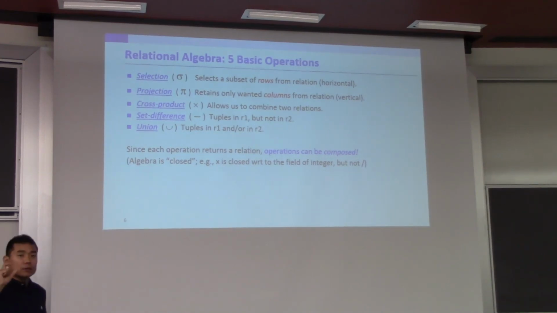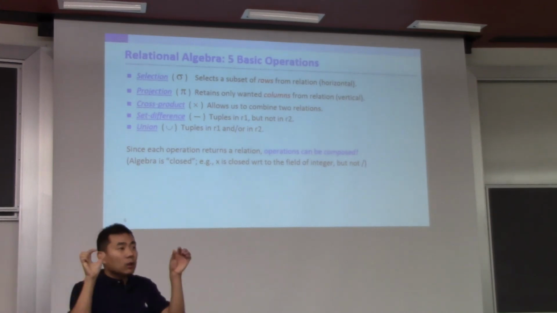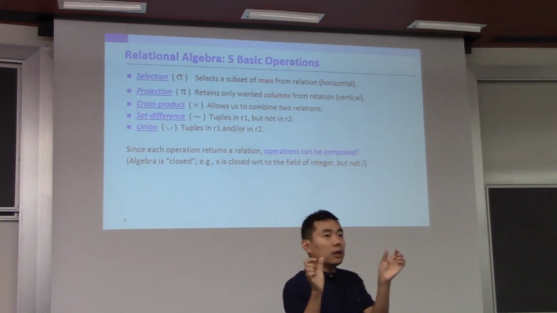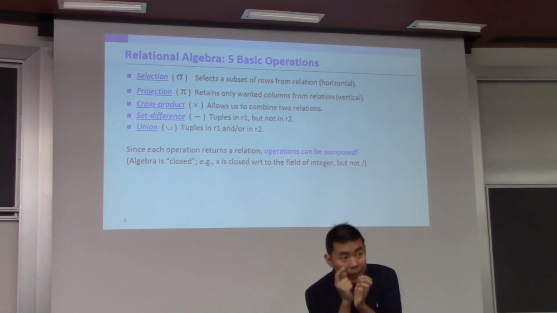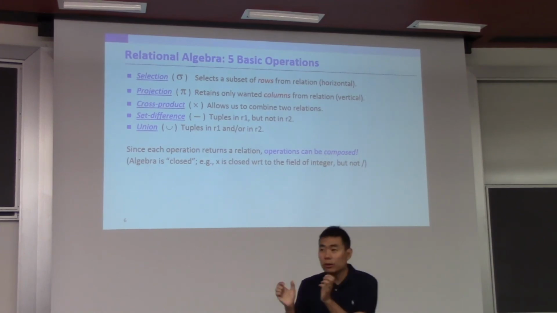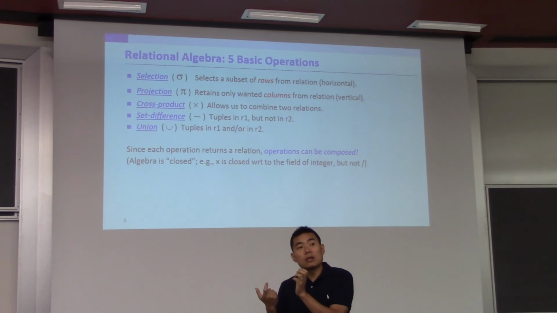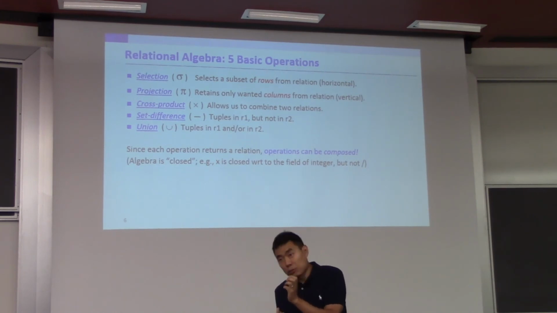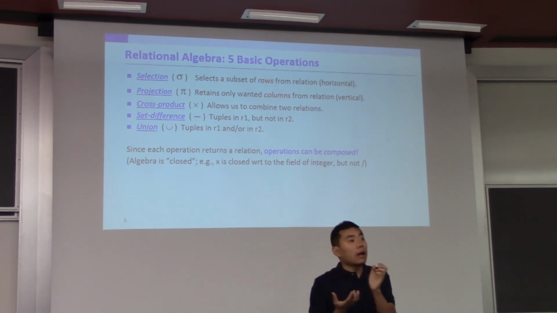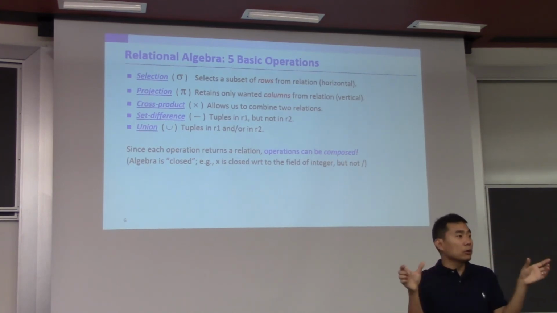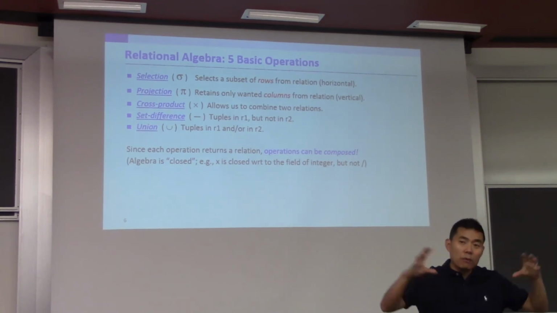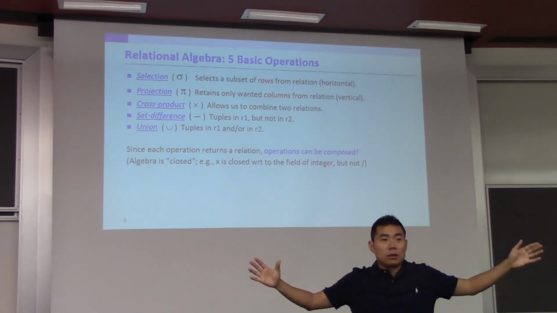The other fact to note is that a relational algebra operator takes a relational instance and relational schema as input, and most importantly, produces a relational schema and relational instance as output. What this implies is that you can combine or compose multiple relational operators together to form a more complex operation.